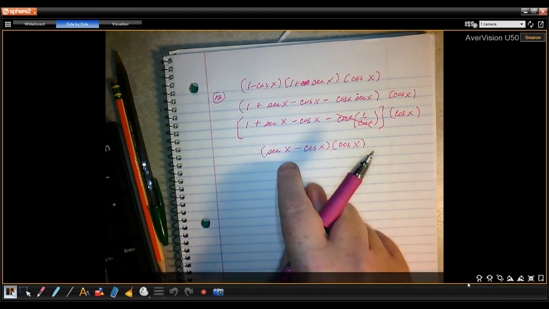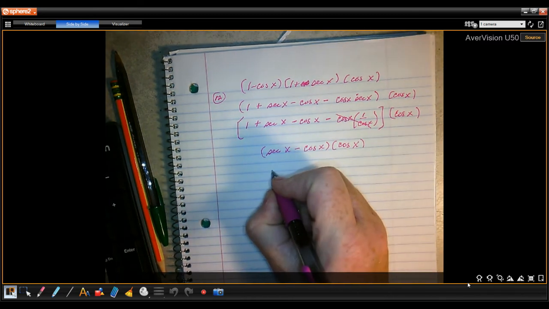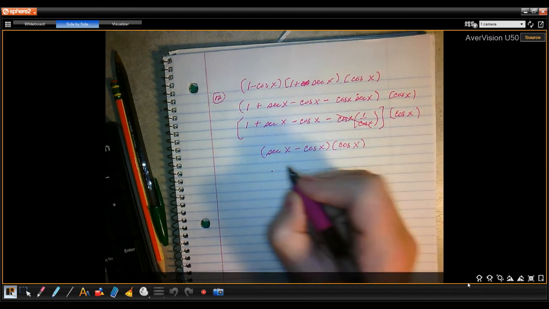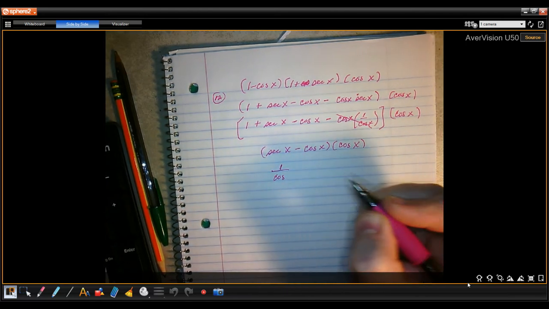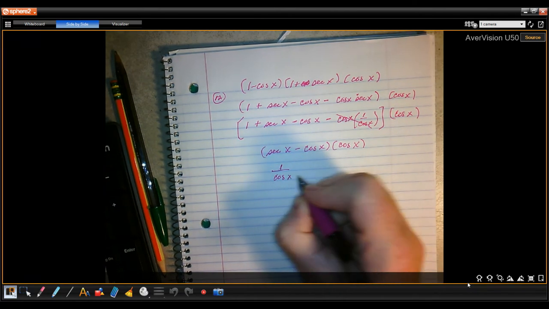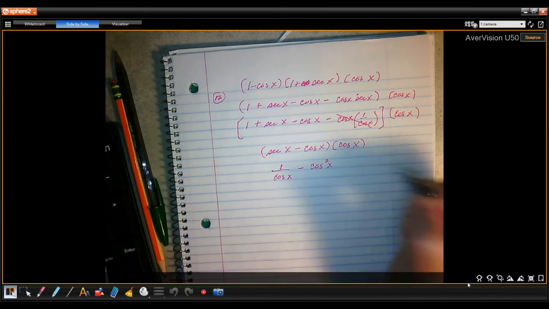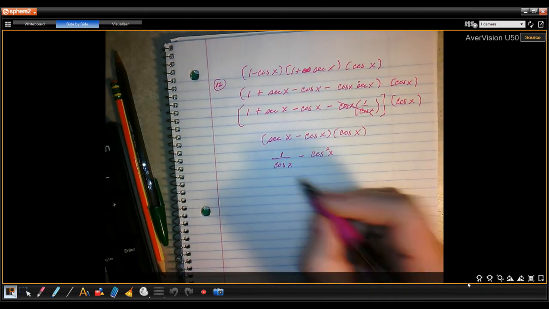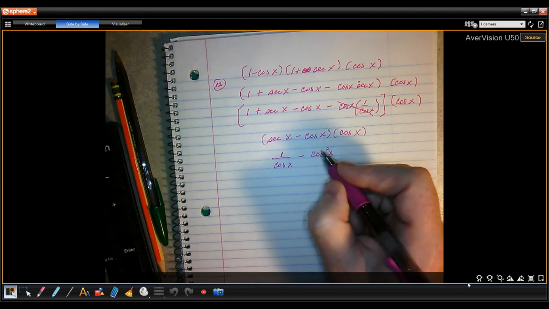Okay, so now what do we have? Well, now we'll multiply this into here. So we'll have secant, which is secant again? Secant is what? 1 over cosine x, and then minus cosine squared x. That looks a little more complicated. So I think I'm going to put this back. Actually, I messed up.